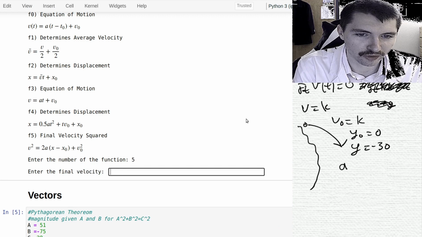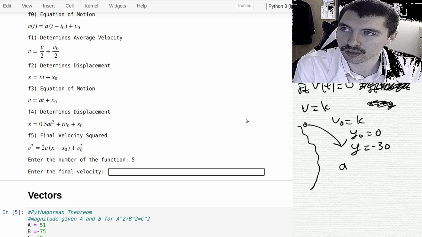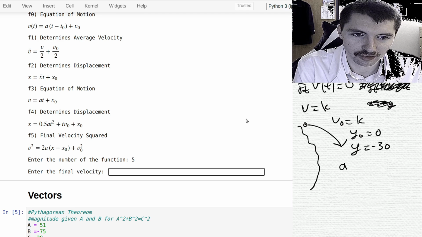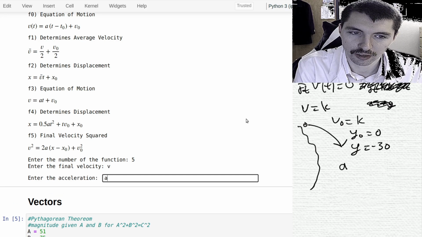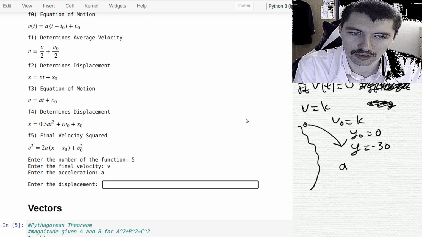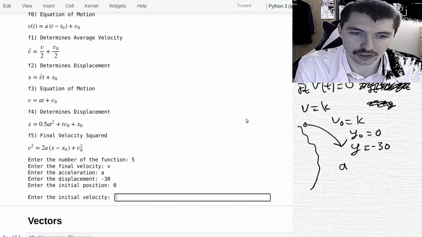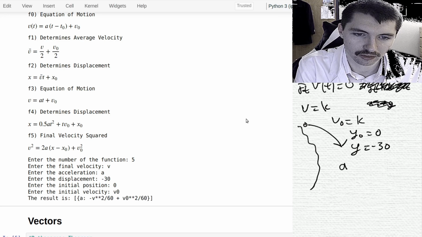So we're going to do equation 5: final velocity is v, acceleration a, displacement negative 30, initial velocity v naught.